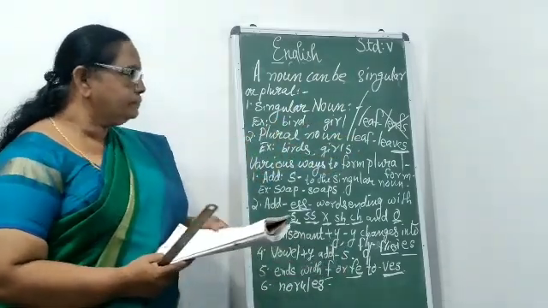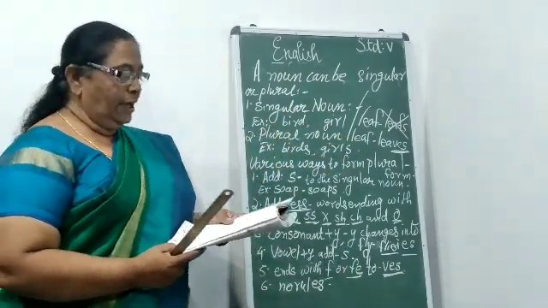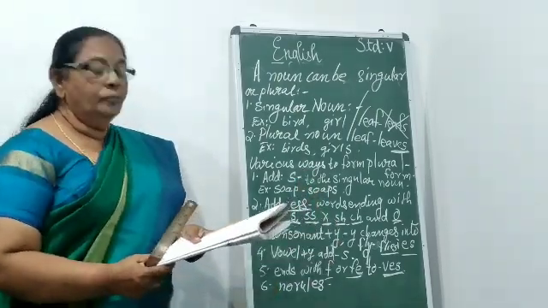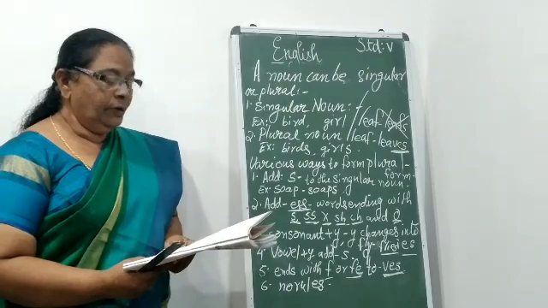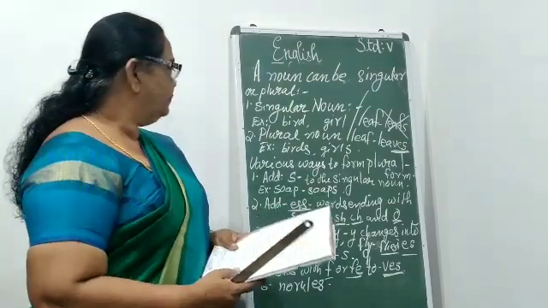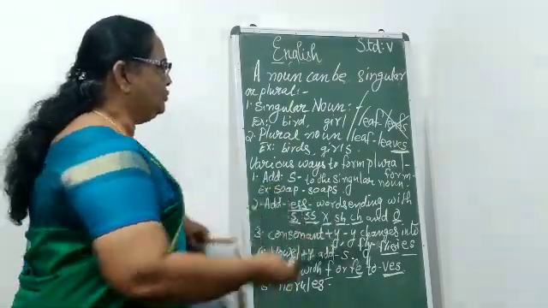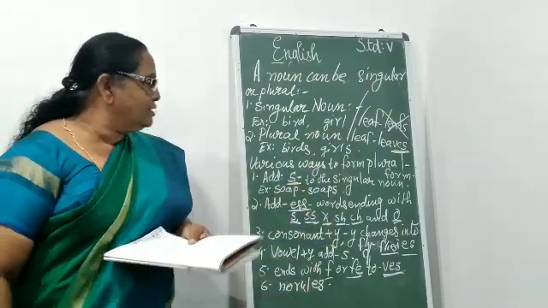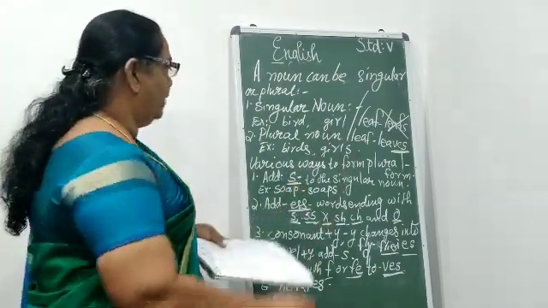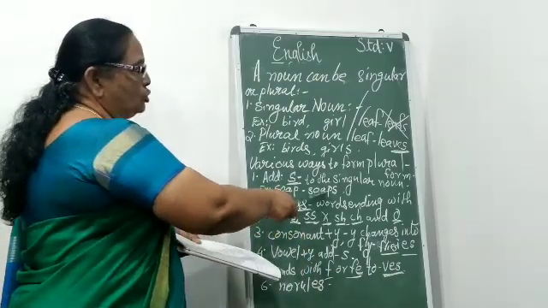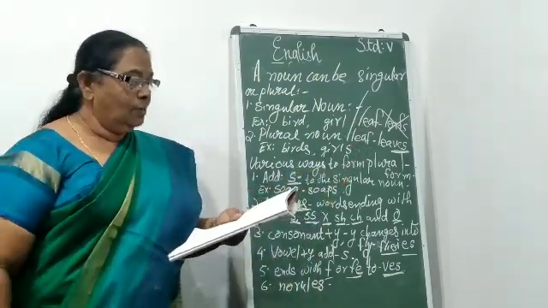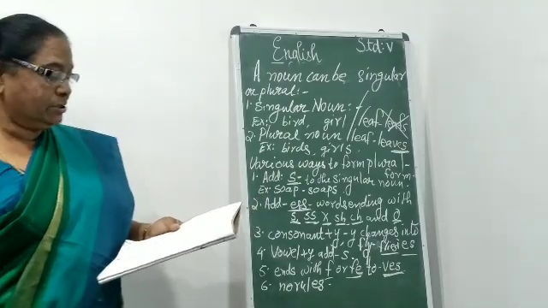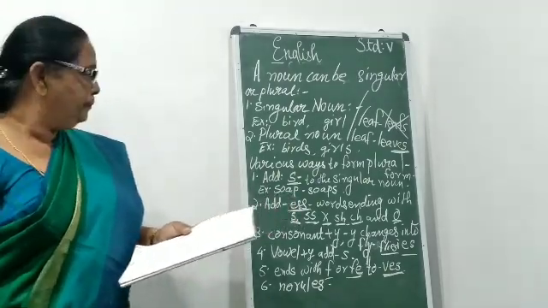Then I told you that there are certain rules to form plural nouns. What is the first rule we learned? Add s to the singular noun. That is like soap, soaps. Okay? Book, books. Paper, papers.